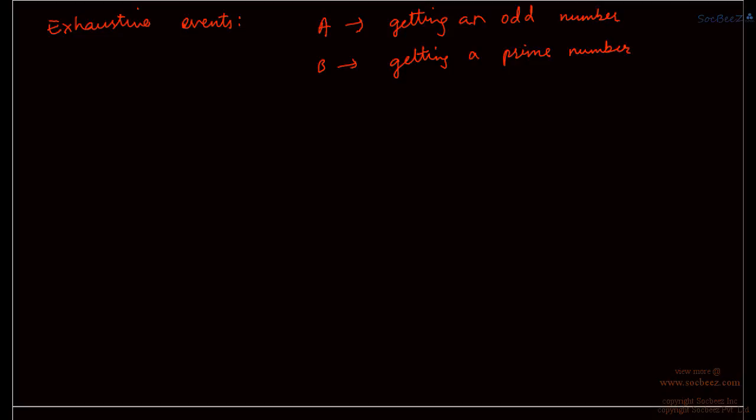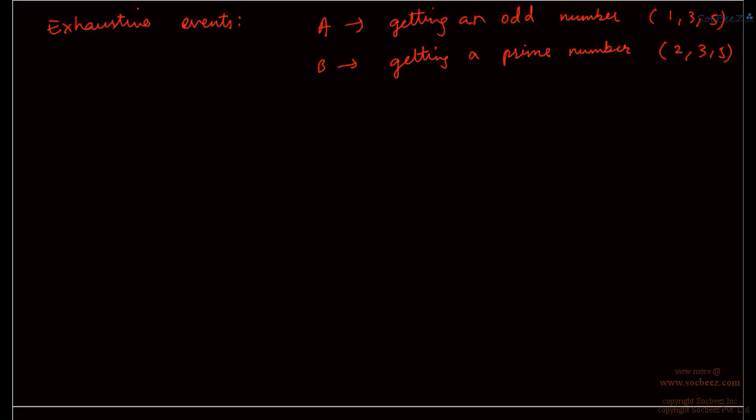If A is getting an odd number, then the favorable outcomes for A will be 1, 3 or 5, right? Similarly, for B, getting a prime number, the favorable outcomes are 2, 3 and 5.